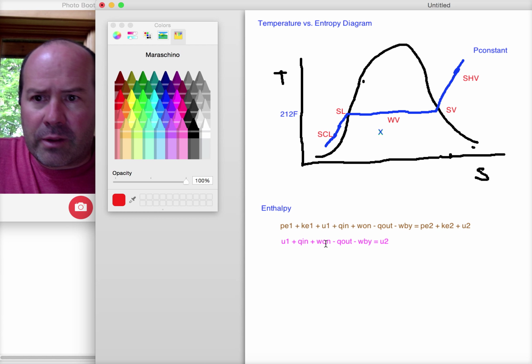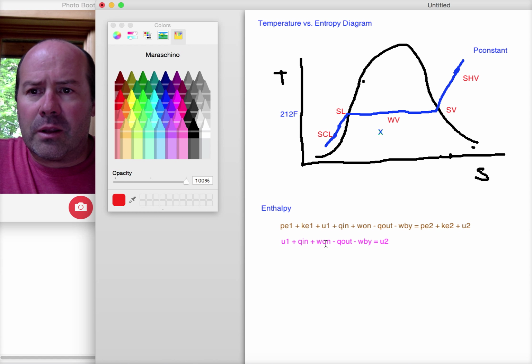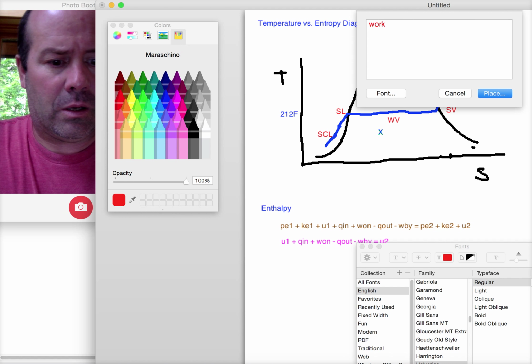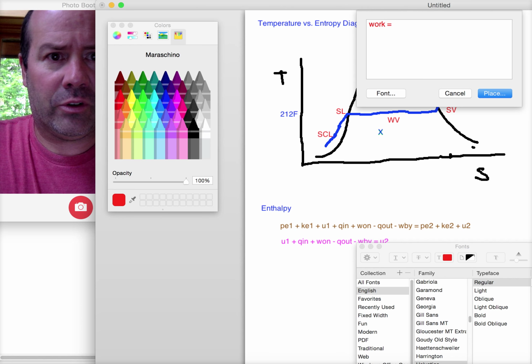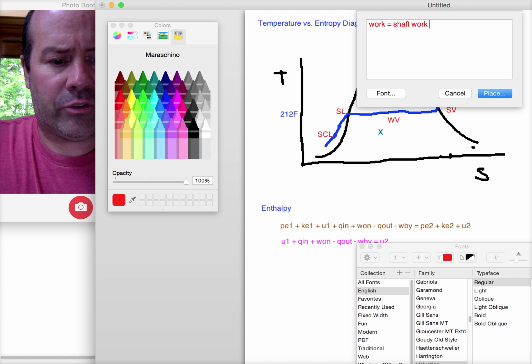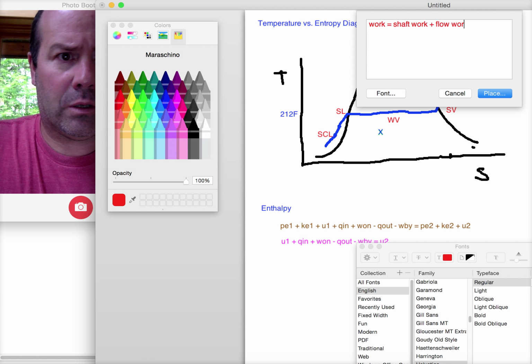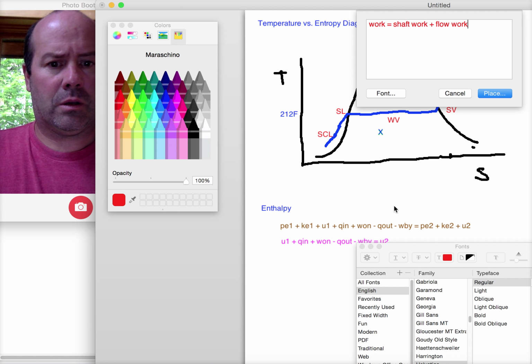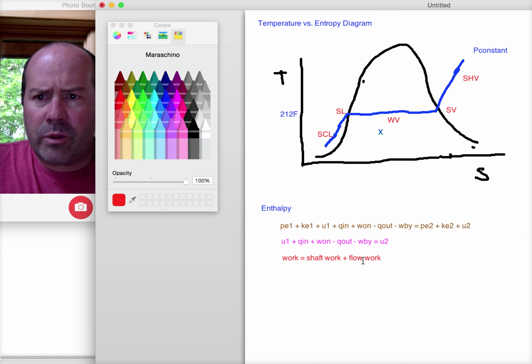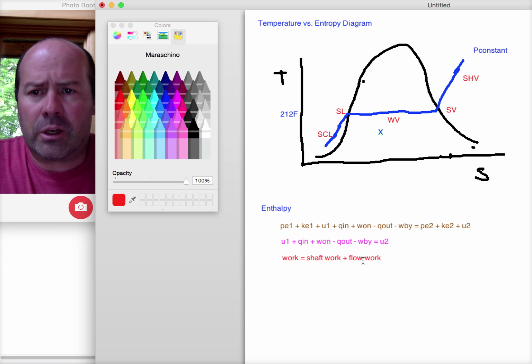It turns out that there are 2 kinds of work. There's something that we call shaft work and something that we call flow work. So if I take work and say there are 2 kinds, shaft work plus flow work, I deal with this term called flow work.